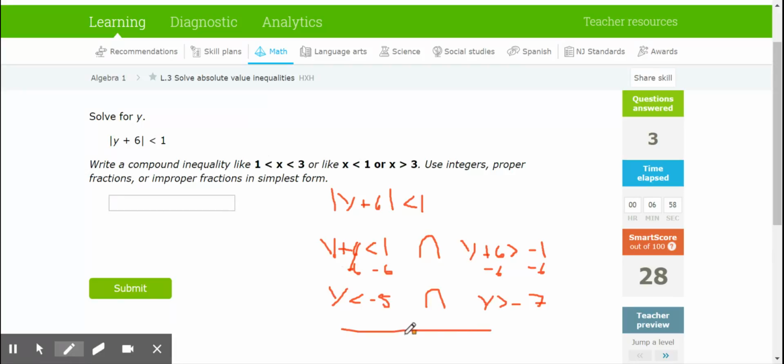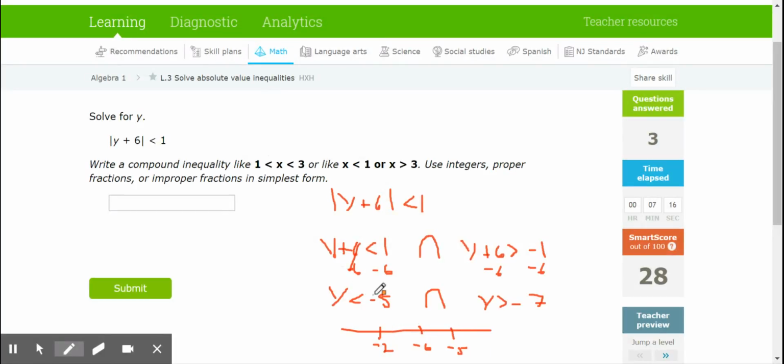So if this was a number line, -7, -6, -5, we have the middle, or the 0, occurring at -6. We need to be less than 1 unit away on either side.